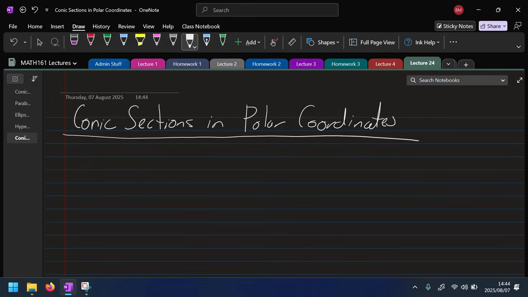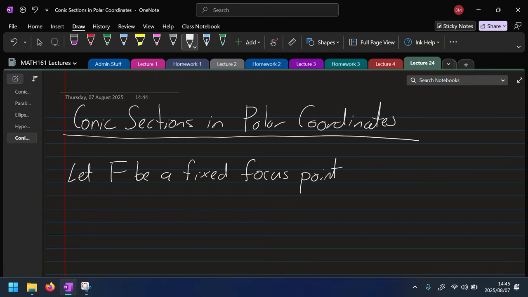Okay, so let's start off with a definition. Well, it's a theorem, but we're not going to prove it, so you just take it as a fact. Let F be a fixed focus point, exactly the same as what we did for the parabola.